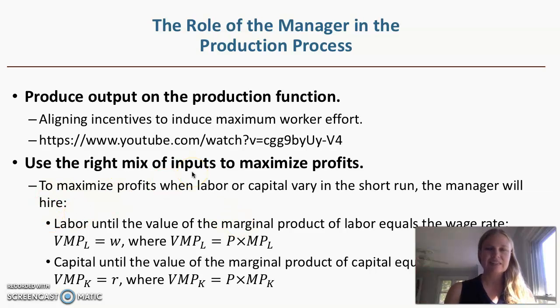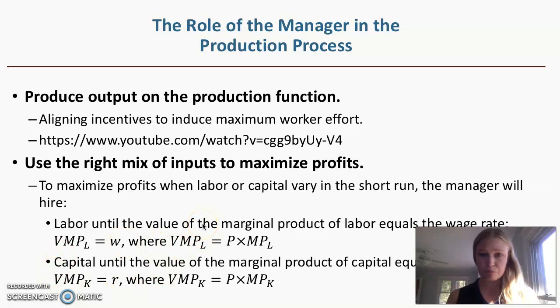But the other thing is, it's really weird that it's kind of hidden in this what-does-a-manager-do portion, because this is one of the main points of the whole chapter. If this is a short run question, how many units of the input do you employ? In other words, if capital is fixed, how many workers do you hire?